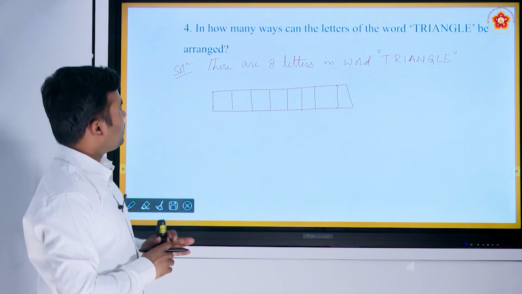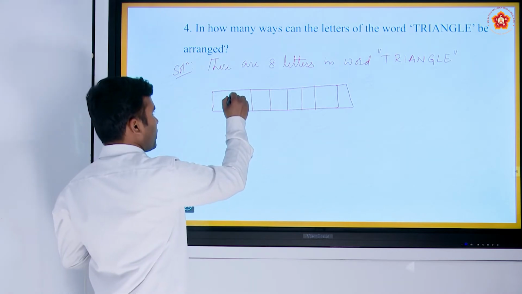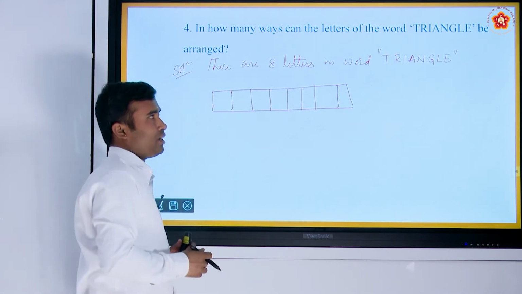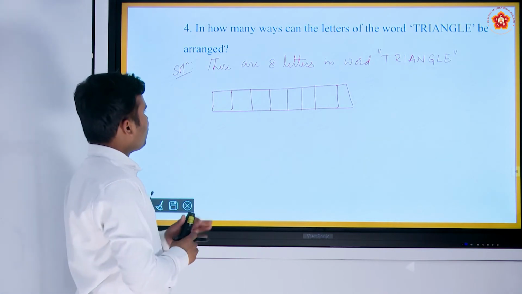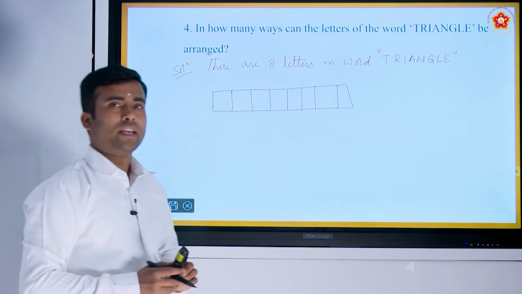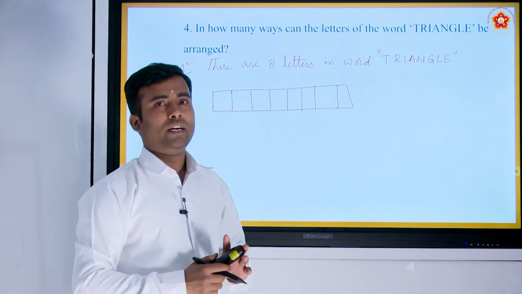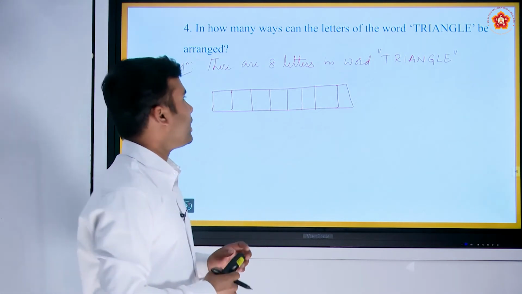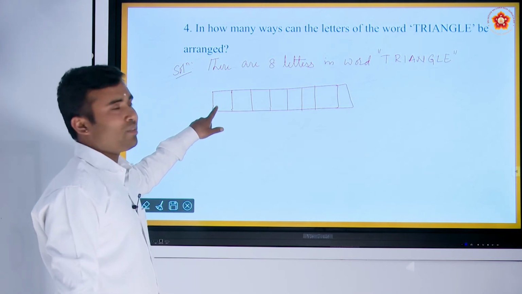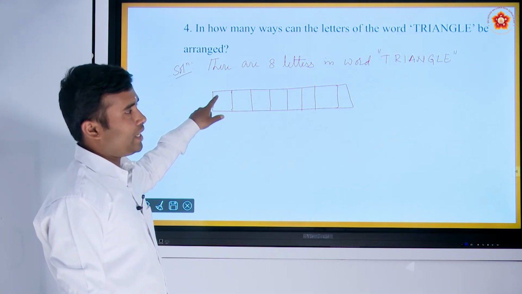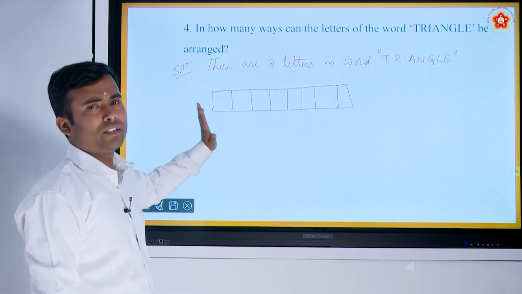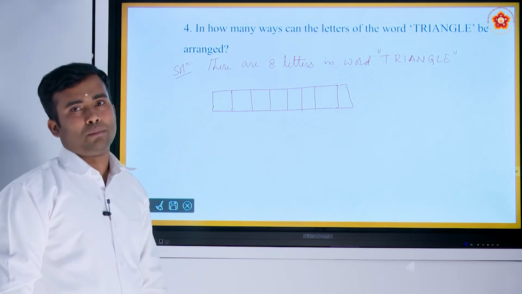These are the number of choices you can arrange the letters of the word triangle. The first place can be arranged in 8 ways. Either you can have T, R, I, A, N, G, L, or E. Any of the letters you can fill in the first vacant place.